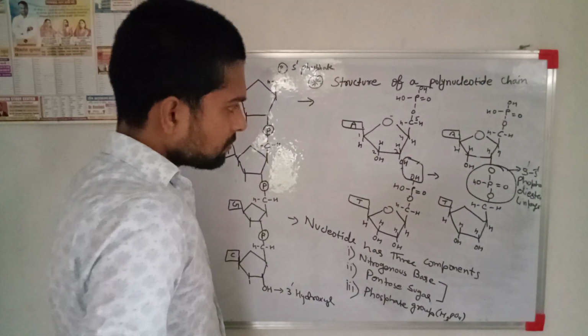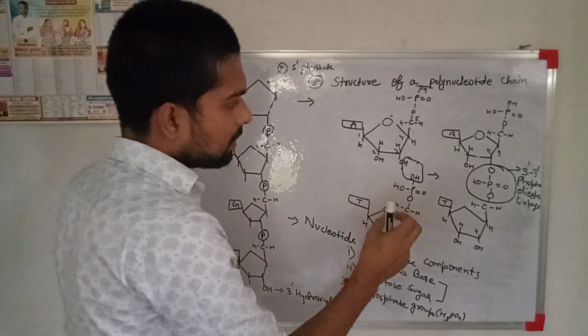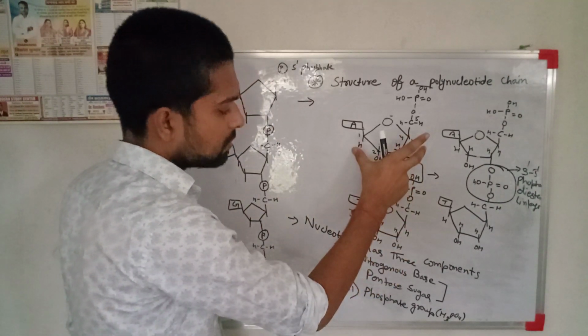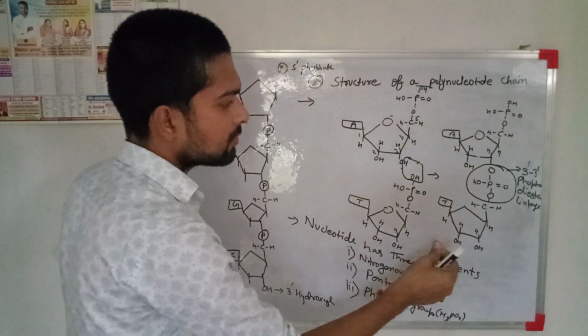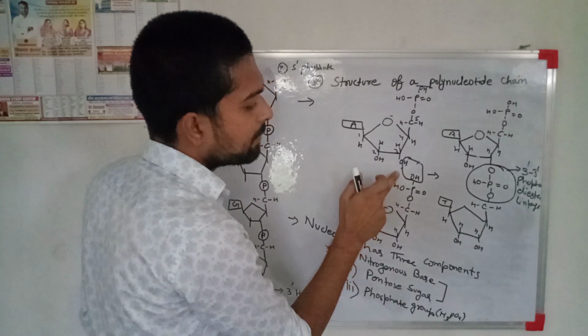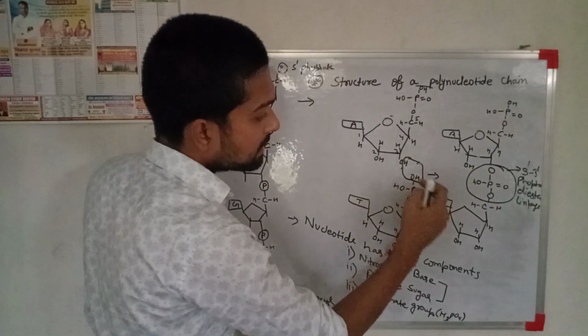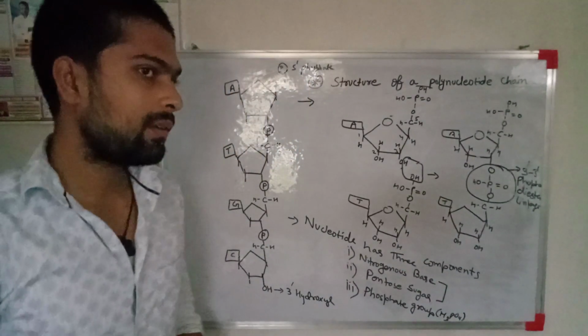Adenine and thymine, these two nucleotides form a dinucleotide, and as a result water is removed from this carbon, and a phosphodiester linkage is formed.